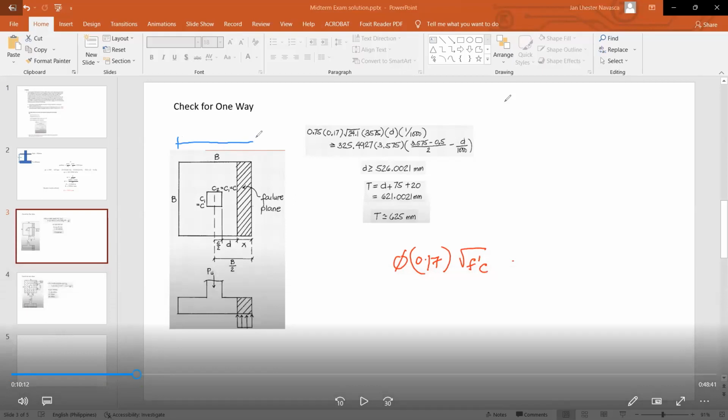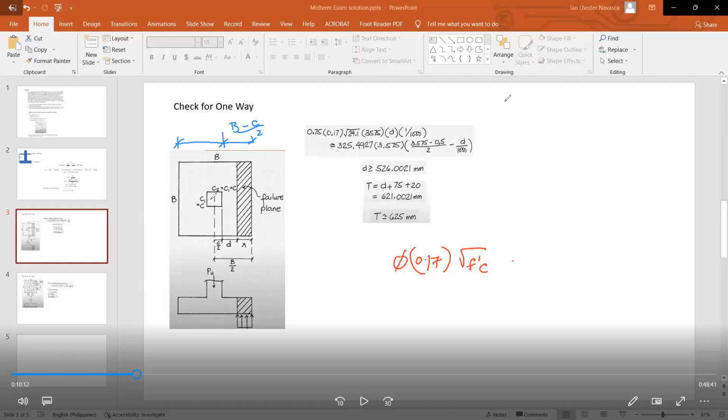So, di ba itong distance na to class is B over 2. Itong distance na to is B minus C over 2. Tama? So basically may masasolve kang value dyan. Since yung B may value ka, yung C is may value ka.